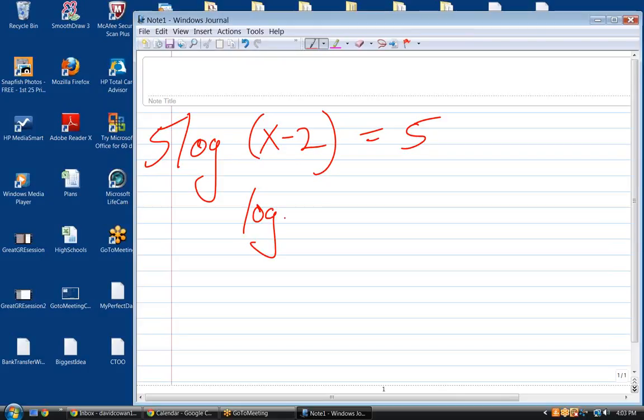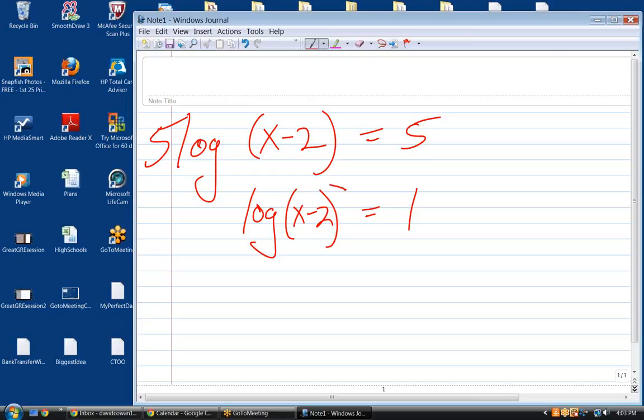One thing we could do is this, but that doesn't really help solve the problem. It makes it more complicated. In other words, we could use the rules for logs to do that. But we can definitely divide both sides of this equation by 5 so that we get log of x minus 2 equals 1.